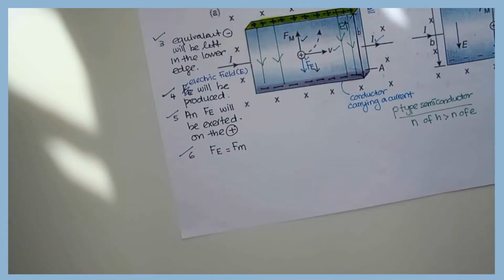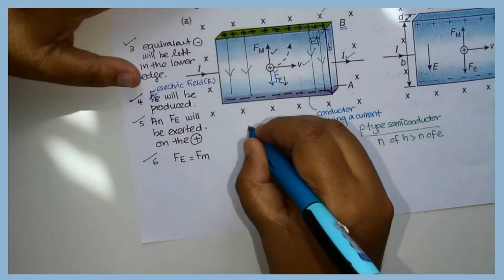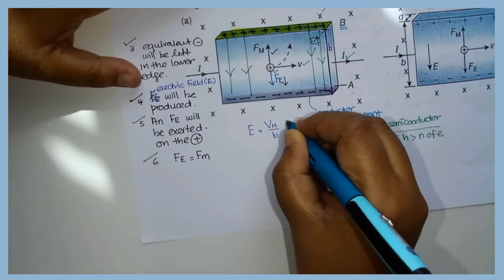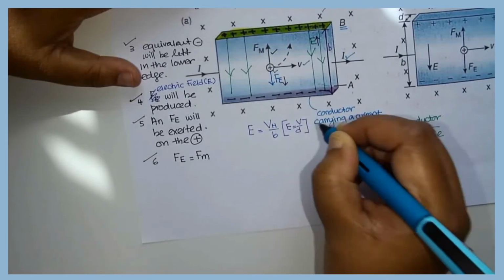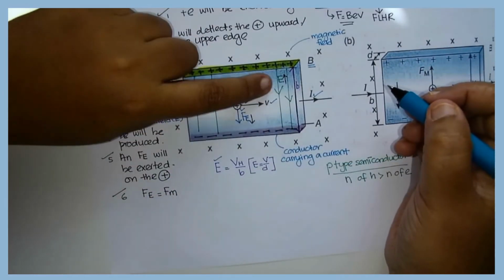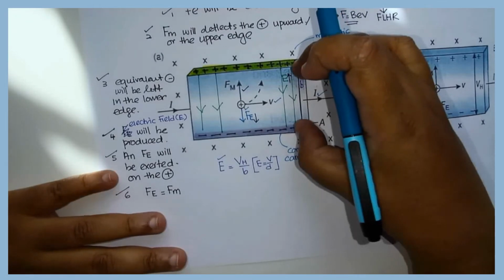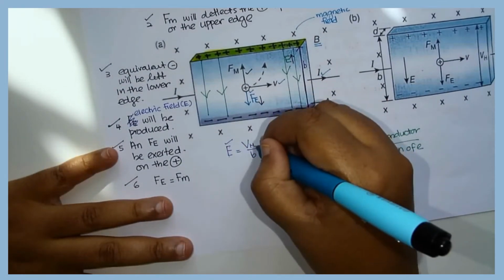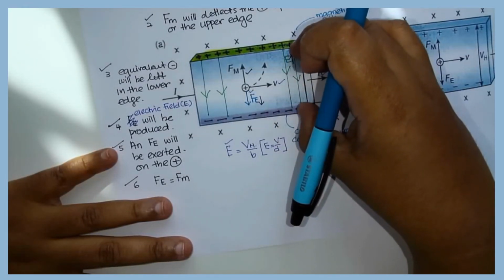Now before that I want to tell something first. We know E equals VH over b, from the formula E equals V over d. So E is the electric field, and this is the separation b. When there is an E, there is a V set up in between these two edges.